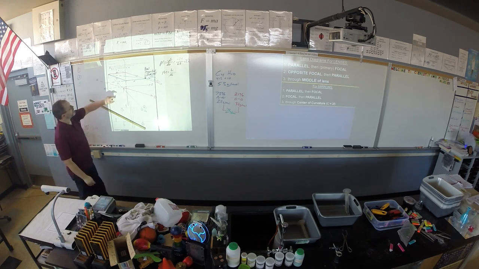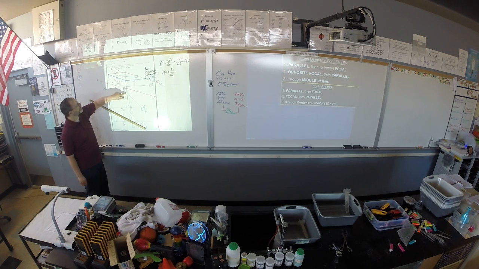I lined up my straight edge from the top of my object to the center of the lens. I made a virtual line on the virtual side of the lens, and a real line on the real side of the lens.